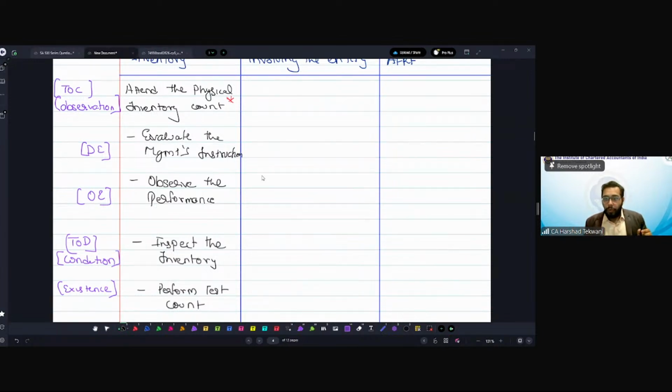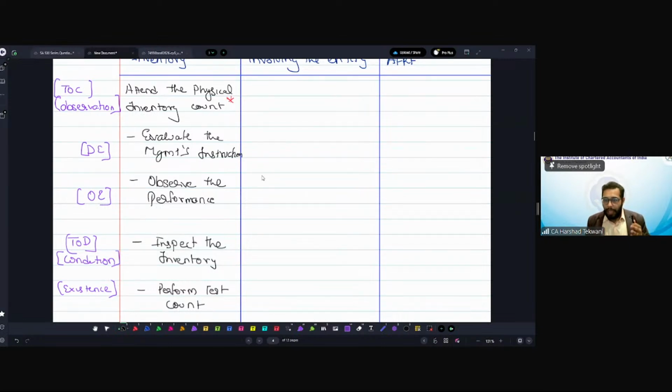For example, I was doing an inventory count for a company which manufactured iron related products, metal related products. There were big iron rods, weighing in metric tons, kept outside on the ground, and I was supposed to count them.